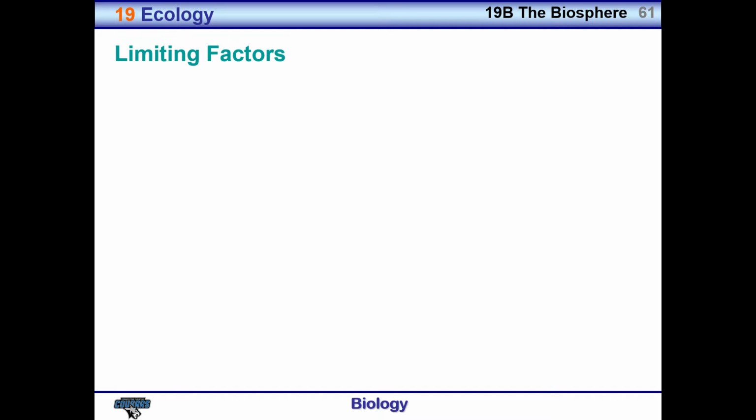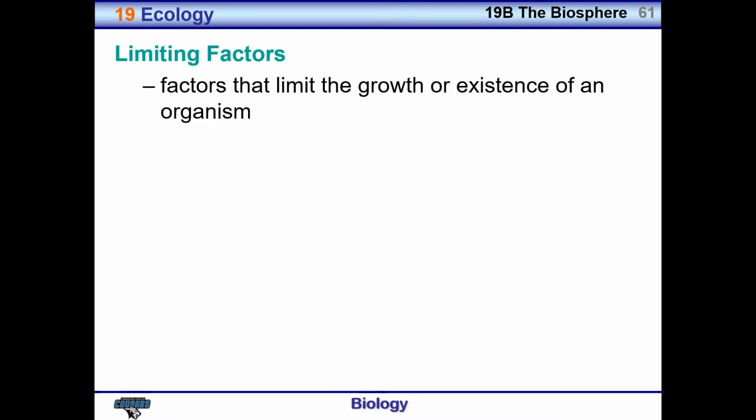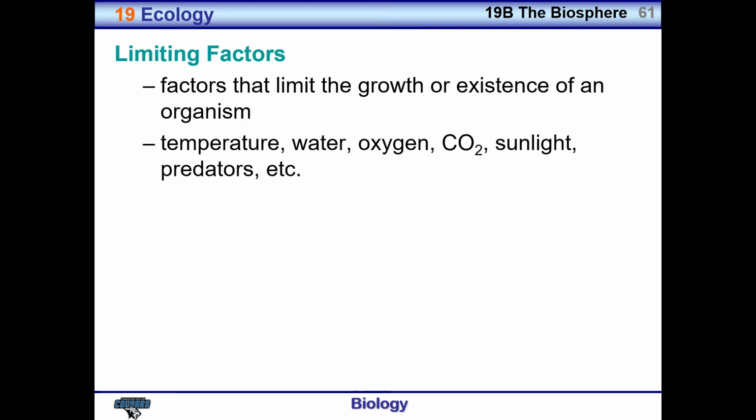Now, what are the limiting factors that will affect growth? Whether or not an organism can exist in a particular habitat depends on certain limiting factors, and these are factors that in some way limit the growth or existence of that organism. Some of the limiting factors would be temperature, too hot or too cold, water, not enough water, too much water, oxygen, carbon dioxide, sunlight, predators.